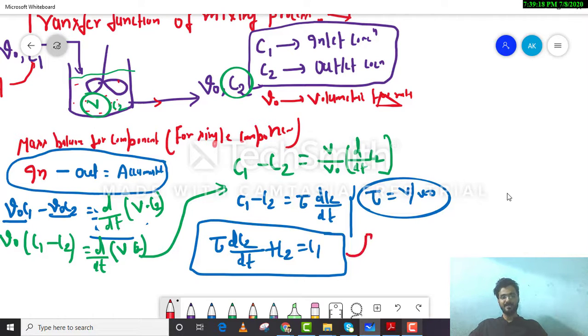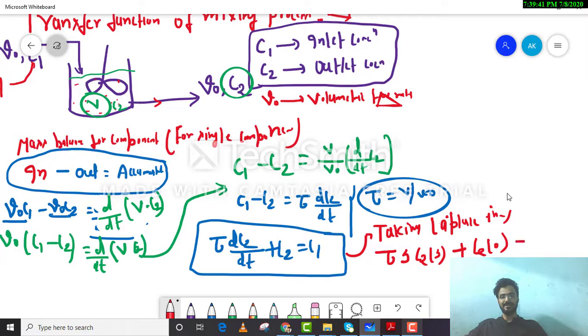If you take the Laplace transform, and if you remember the Laplace formula for the differential form, then it becomes very easy. Tau s C2(s) plus C2(0) plus C2(s) equals, my dear student, C1(s) in the deviation form.